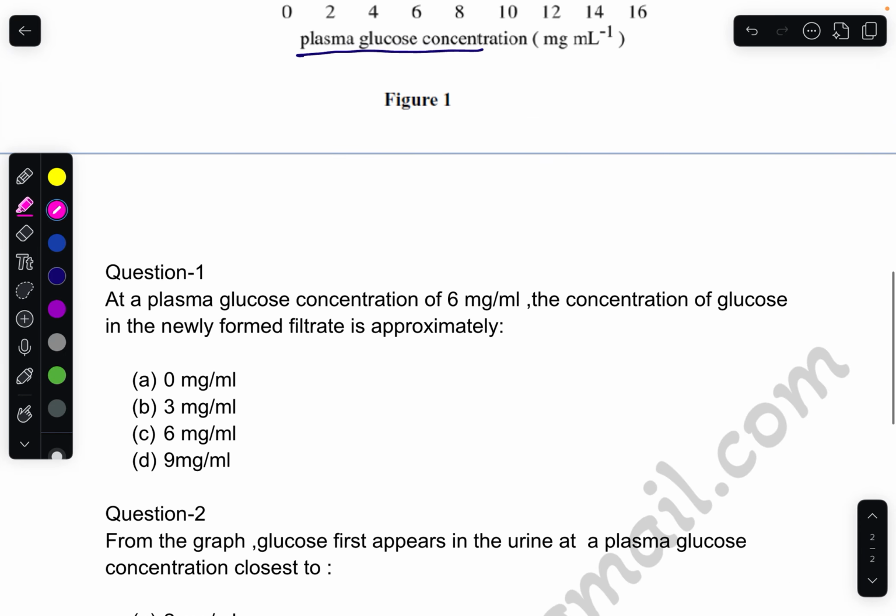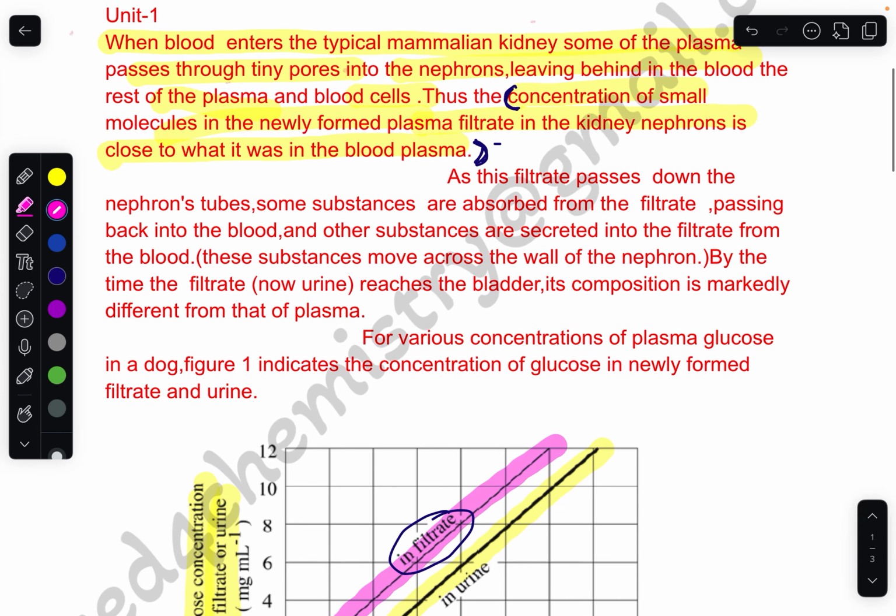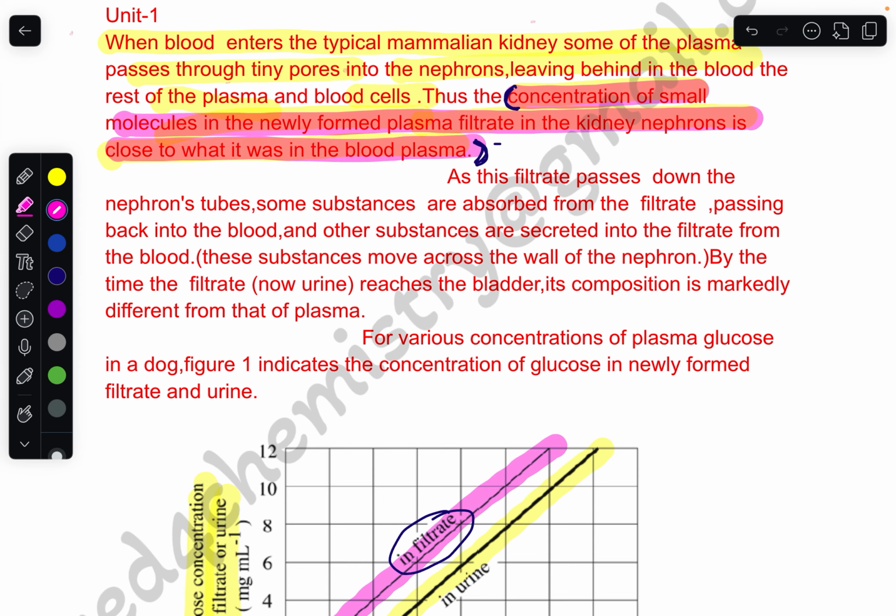Question number 1: at a plasma glucose concentration of 6 mg per ml, the concentration of glucose in newly formed filtrate is approximately what? If you look at this line, it says the concentration of a small molecule in newly formed plasma filtrate in the kidney nephron is close to what it was in blood plasma.